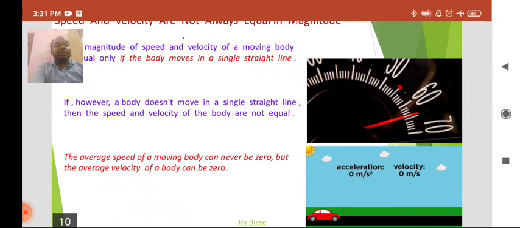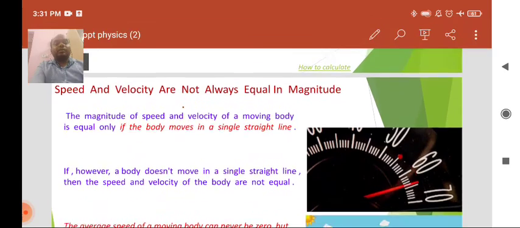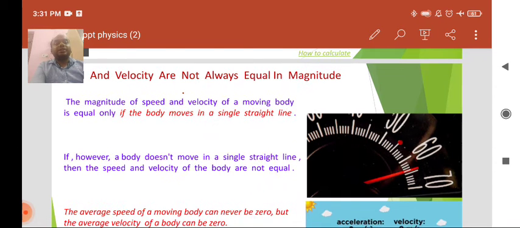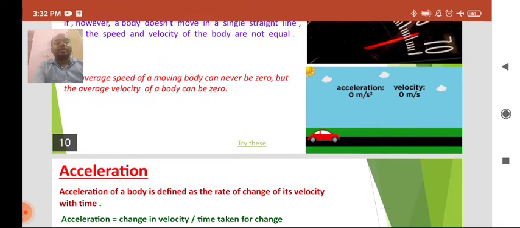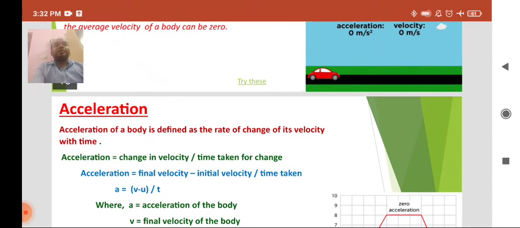In this figure, the speedometer is shown; in this speedometer acceleration will be 0 meter per second square and velocity will be 0 meter per second. So such type of quantity shows speed and velocity are not always equal in magnitude. We talk about next point, acceleration.